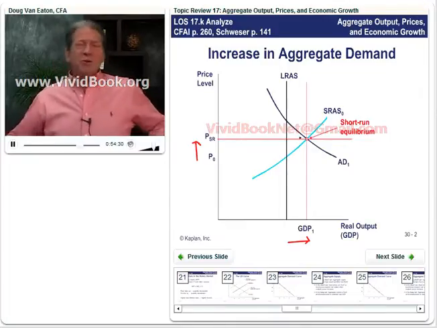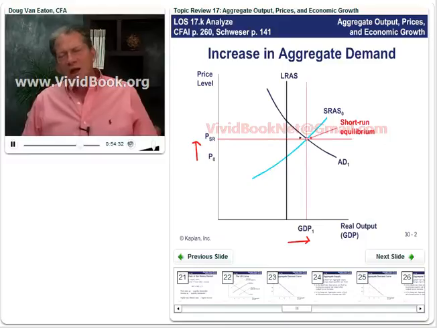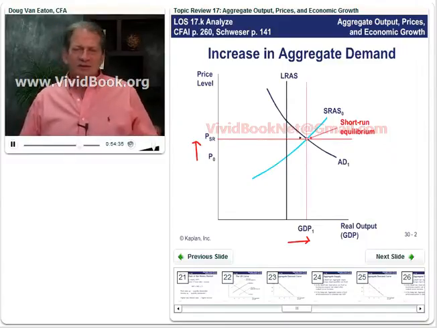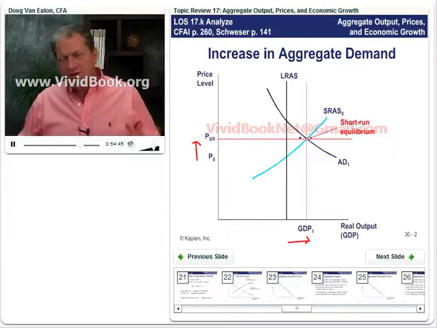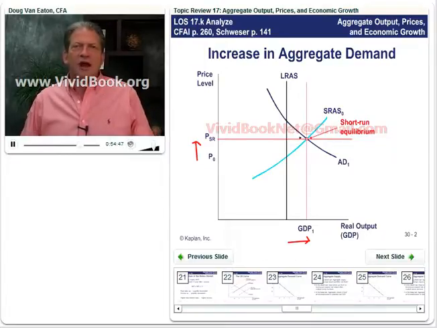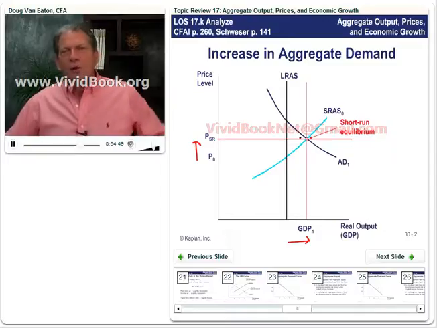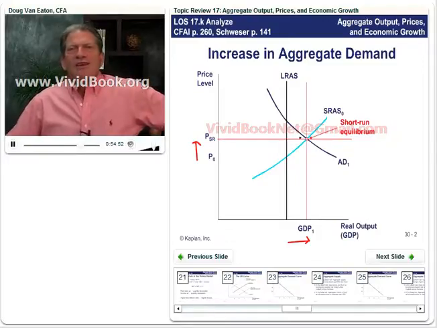Well, remember what determines long-run aggregate supply. It's the capital stock, it's human capital, it's labor and technology. None of that has been affected by the government or monetary authorities trying to shift this aggregate demand curve out. We're at temporarily over full employment, but in the long run, input prices rise.